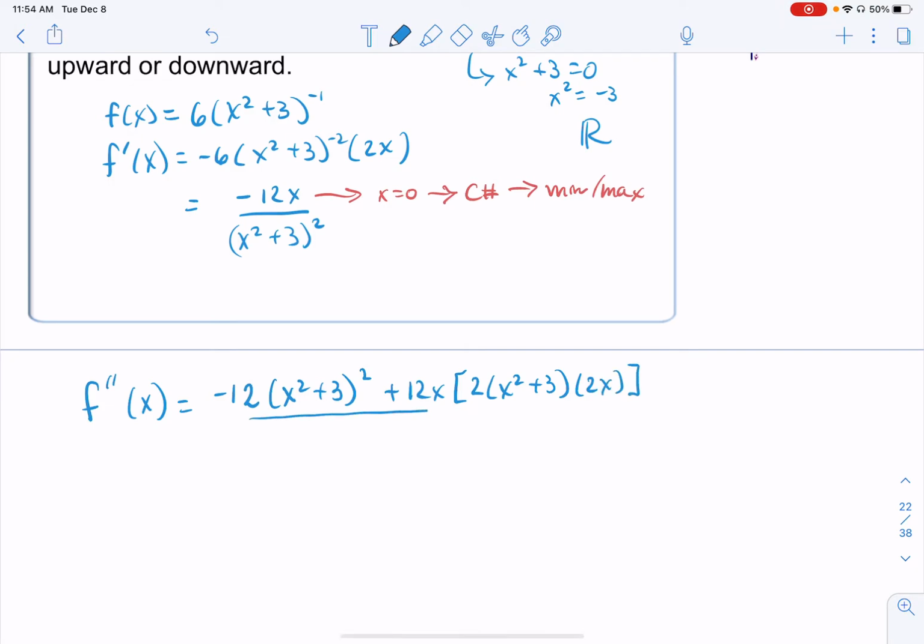And don't forget the bottom part, all of the denominator squared, so it's squared squared, it's x squared plus 3 to the fourth power.